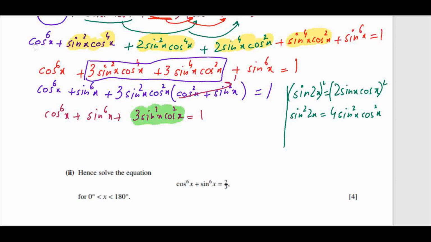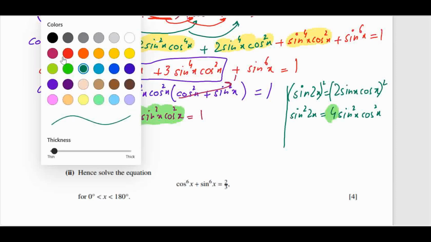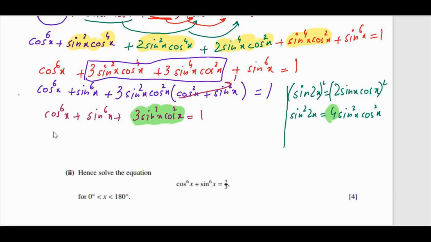Now if we compare it with this thing, we do not have 4 over here. In our equation here it is 3. So how to write 4 over here? What we have to do is we can make it 4. So cos 6x plus sine 6x plus 3 by 4 into 4 sine square of x cos square of x is equal to 1.